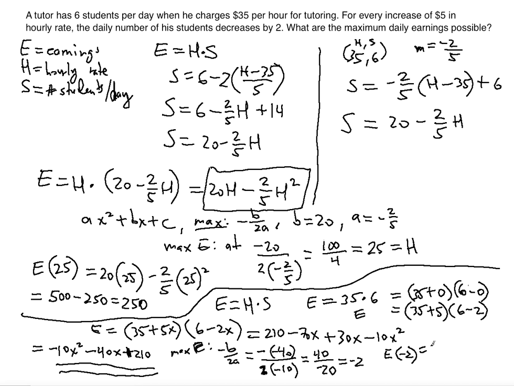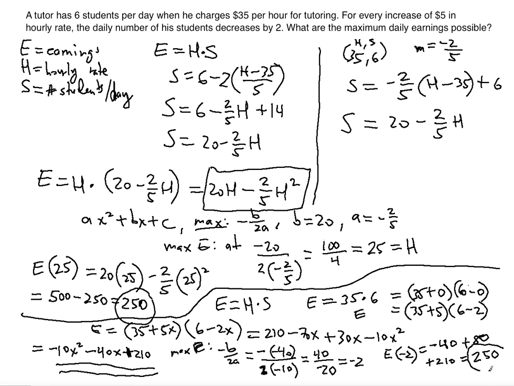So negative 10 times 4 is negative 40. Okay, and then minus 40 times negative 2 gives you plus 80. And then plus 210. So that will give you 80 minus 40 is 40, plus 210. Bingo. Look, guys, 250. Isn't that the same answer we got here?